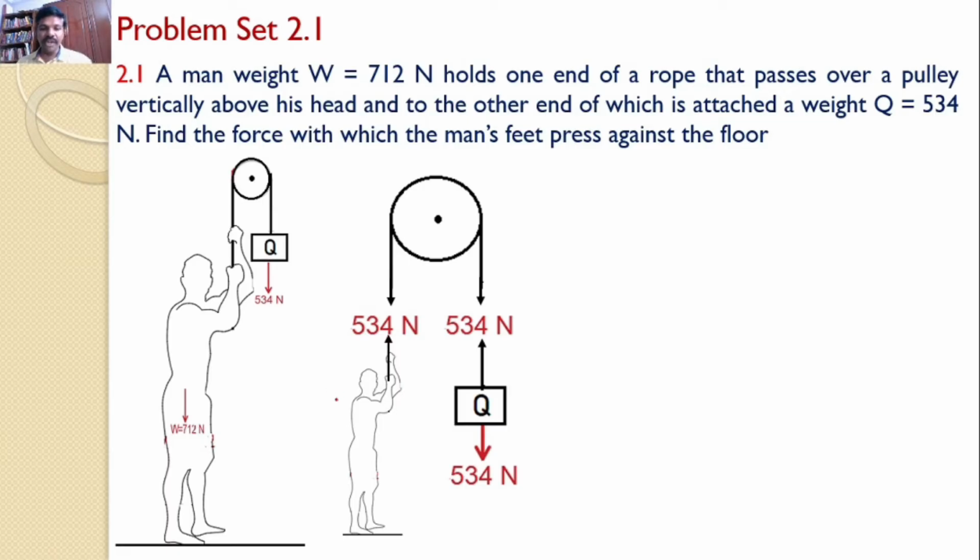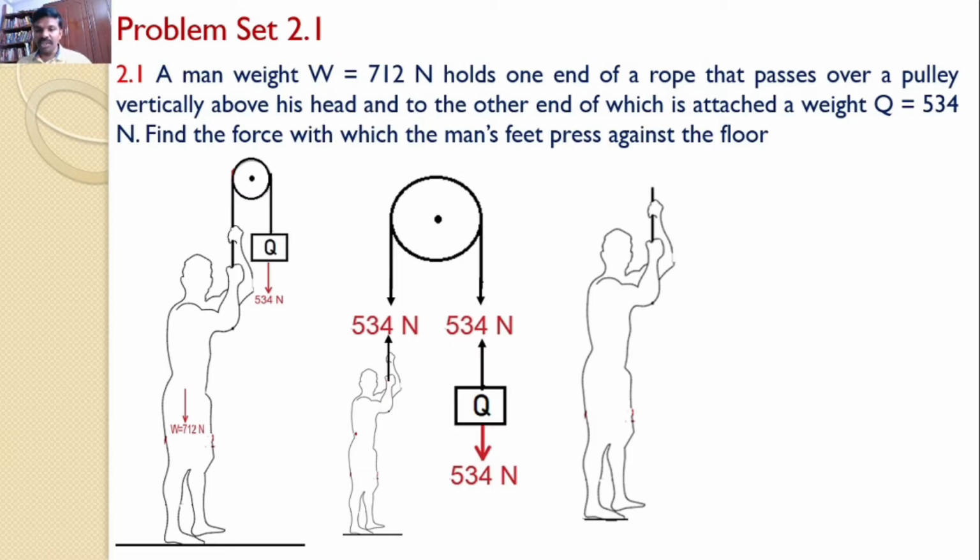If you draw the free body diagram of this man, we know that the weight is 712 newtons, and from this free body diagram we understood that the force acting in the rope which is held by the man is upwards and the magnitude is 534 newtons. That's what we analyzed from this diagram.